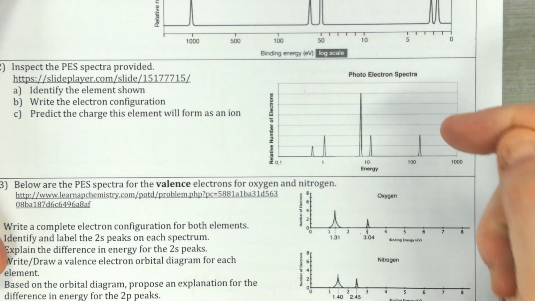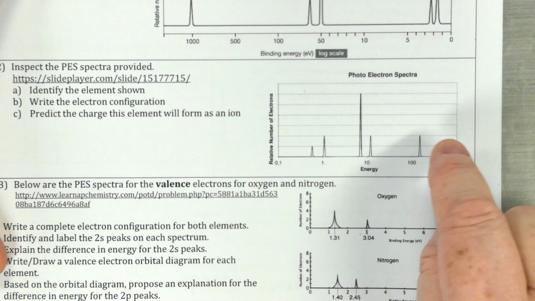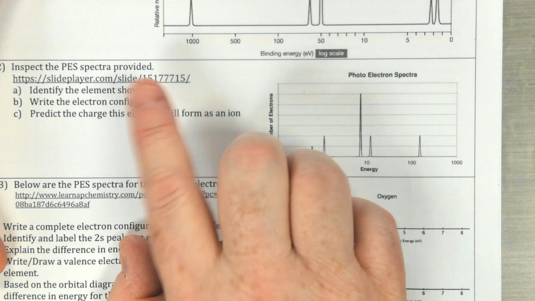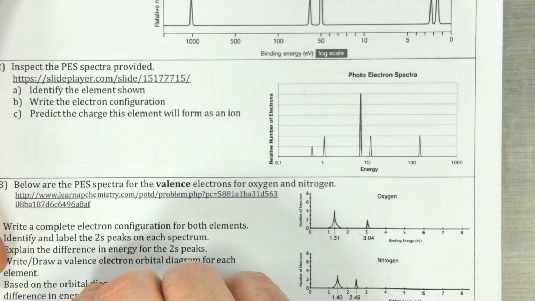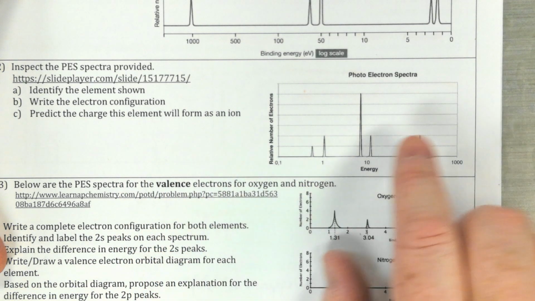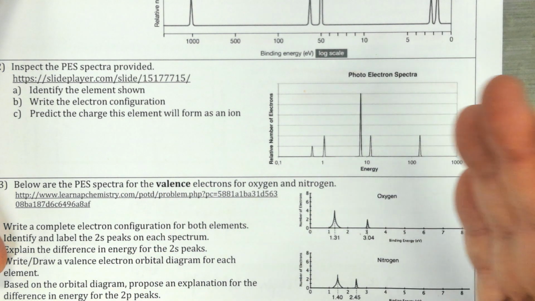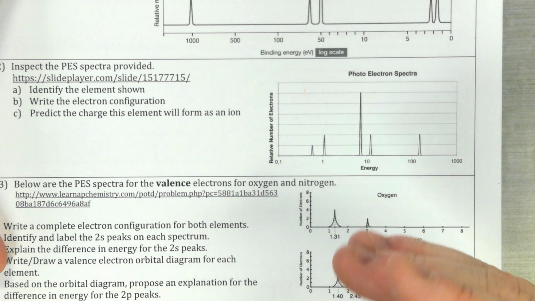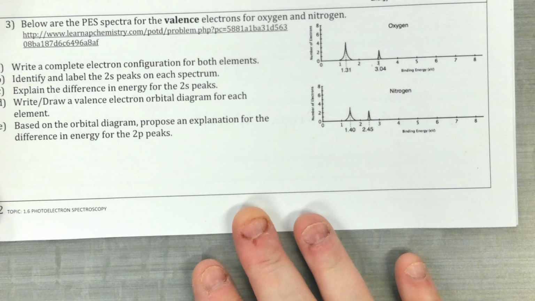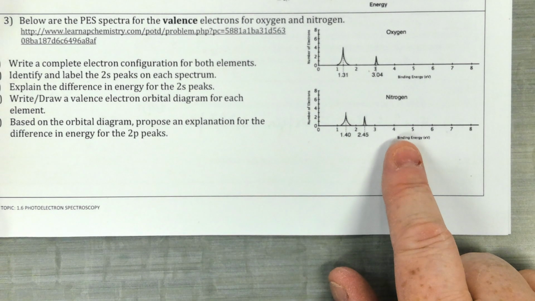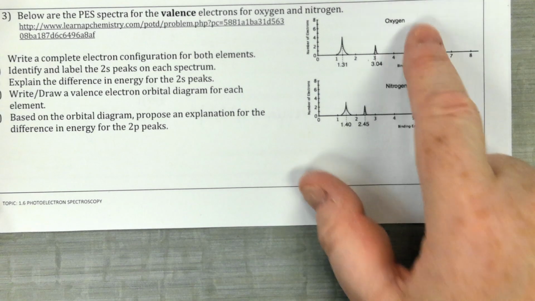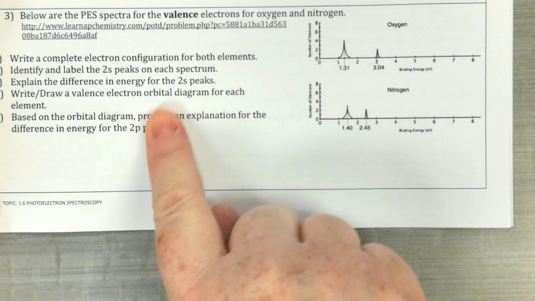So you're reading from right to left, highest to lowest binding energy, to identify the element, write the electron configuration, and predict the charge of this element if it would form an ion. I would go through and identify the 1s, the 2s, the 2p, the 3s, the 3p, and so on. All right, number 3, we have a PES of oxygen and nitrogen, and it identifies them for you. But it's asking you different questions.